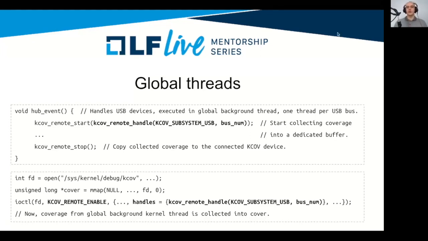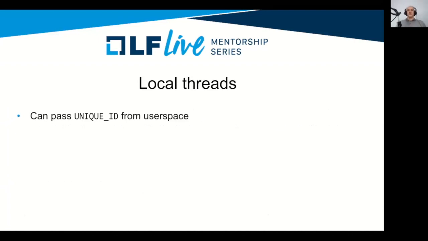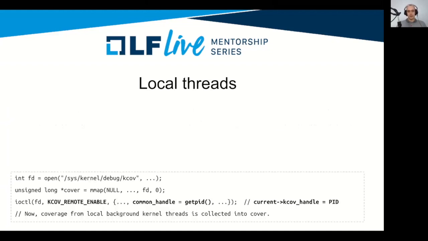So this is for global threads, but for local threads, it's actually simpler because local threads are created from syscall handlers. That means we can actually pass unique IDs from user space. And the way this works, you also use the KCOV remote enable ioctl, and you use a different field of the structure that's passed to this ioctl, and the field is called command handle.